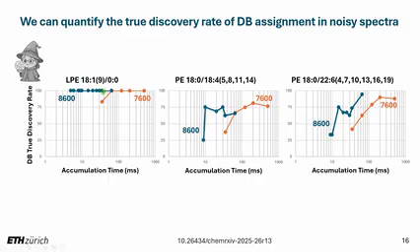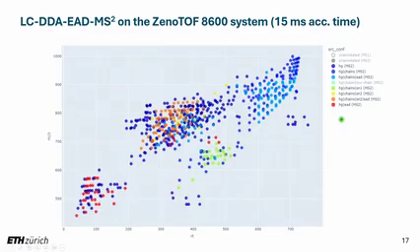But now with the new instrument, we can even go faster. So on average, we can be down to 10 milliseconds of EID accumulation time, and we can actually get this information. That's the coolest thing I can show you today. Tomorrow I have all the cool stuff.